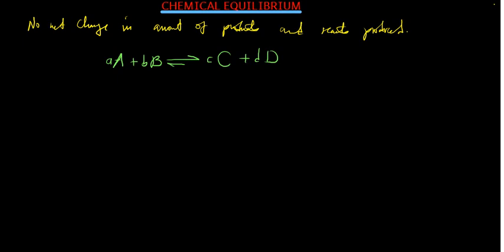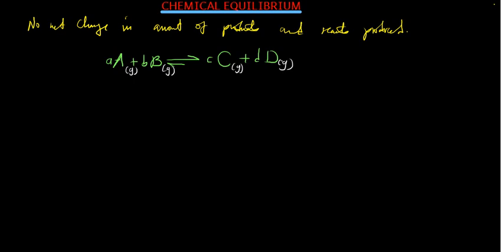For a homogeneous reaction, it means they are in the same phase. They exist in the same homogeneous phase. For example, if all of them are gases, then that reaction is homogeneous. In heterogeneous reactions, some of them are in different states. For example, you can have solids, liquids, and gases in the same reaction.